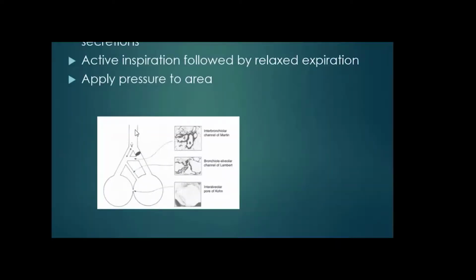What happens is that the air comes in through the pores of Kohn, channels of Lambert, and channels of Martin, and this thick phlegm or sputum will be expelled this way. So it's very important to do these thoracic expansion exercises.